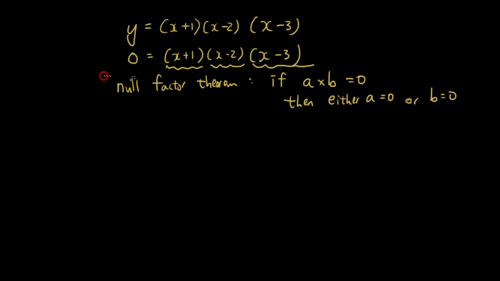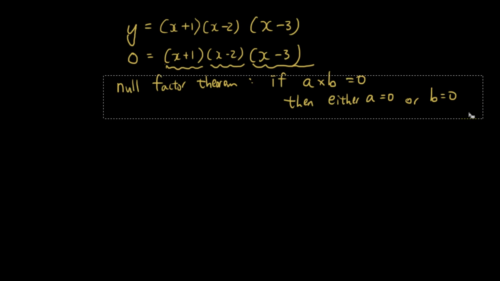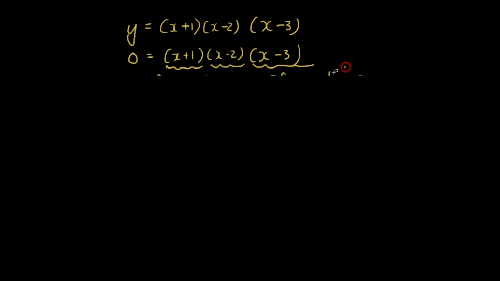So you can just do either x plus 1 equals 0, or x minus 2 is equal to 0, or x minus 3 is equal to 0. One of these must be 0.